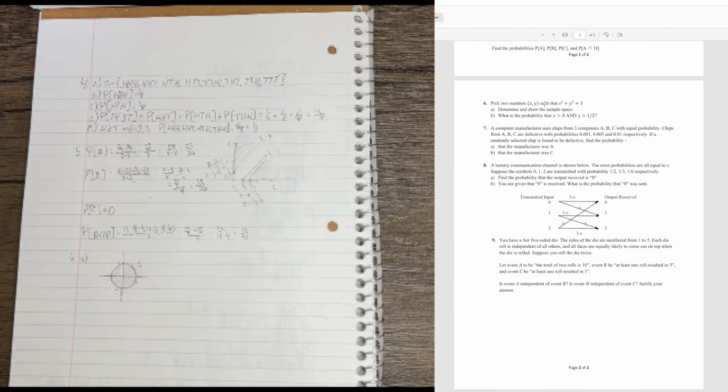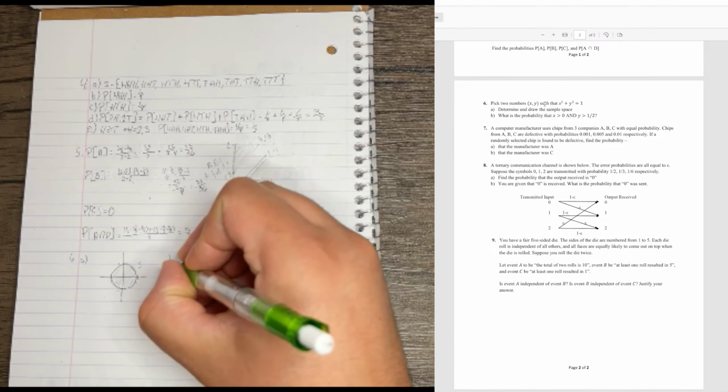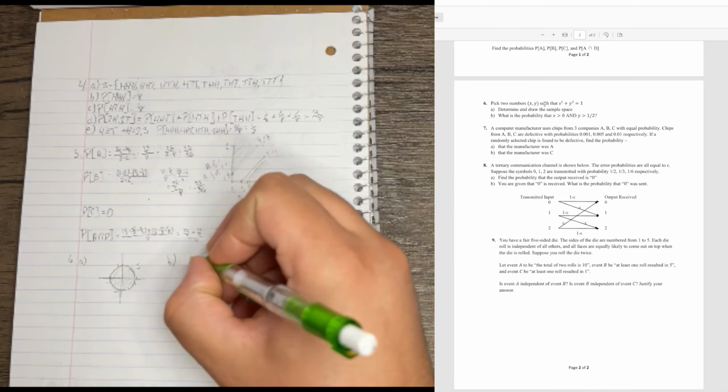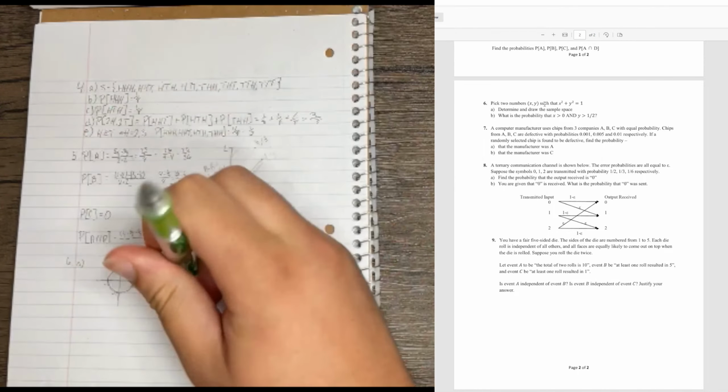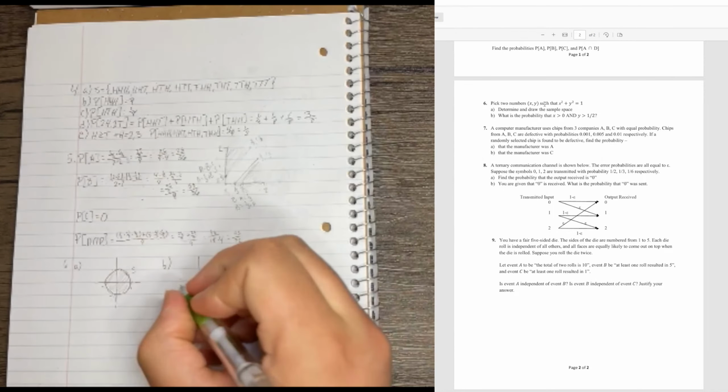What is the probability that x is greater than 0 and y is greater than 1/2? Let's draw that again. Same unit circle drawing.